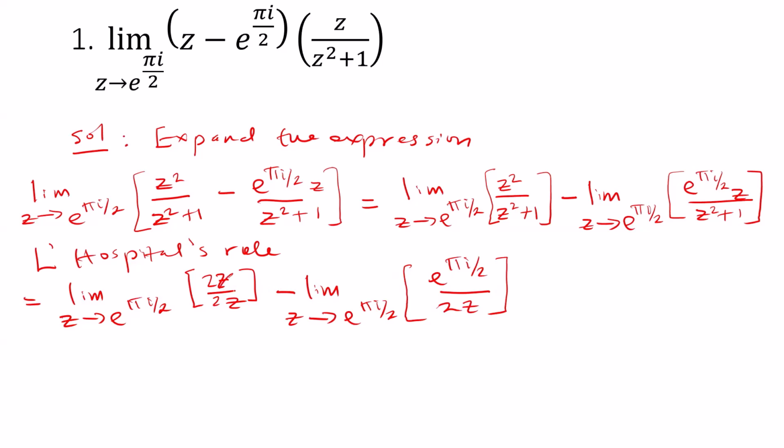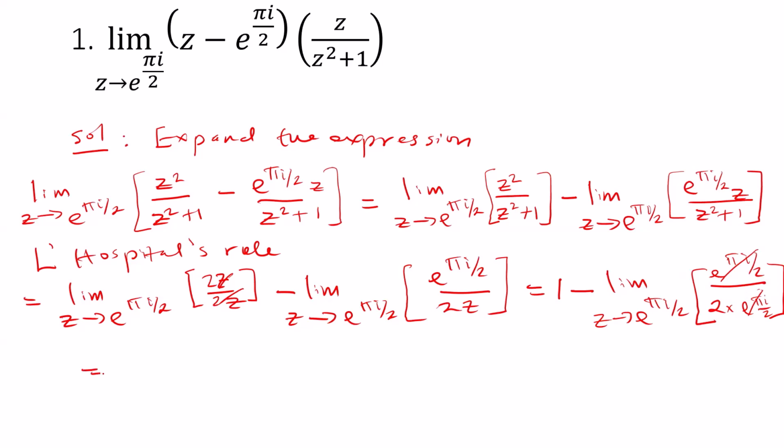So 2z cancels 2z here. So we have 1 minus the limit as z goes to e^(πi/2) of e^(πi/2) divided by 2 times e^(πi/2). So e^(πi/2) cancels e^(πi/2), so that we have 1 minus 1 over 2.